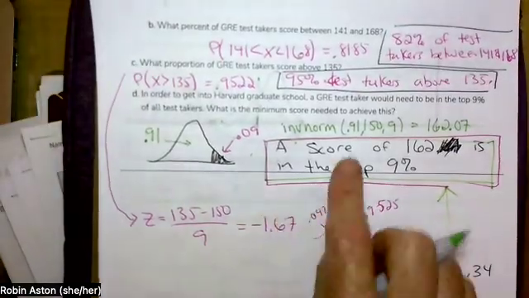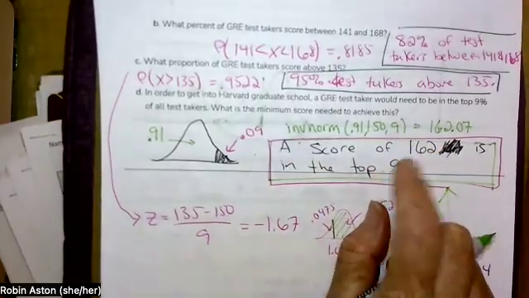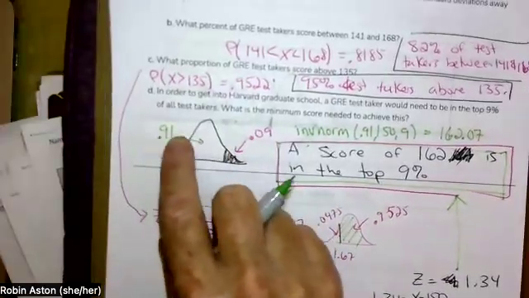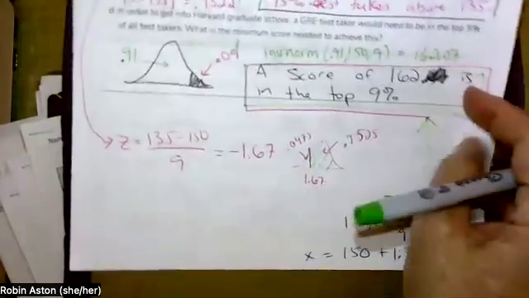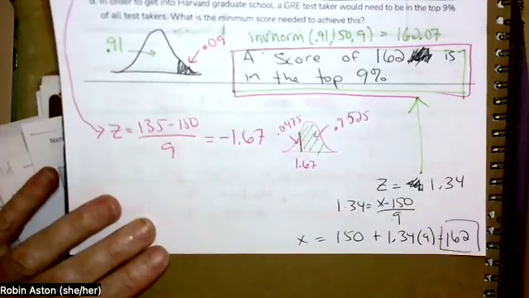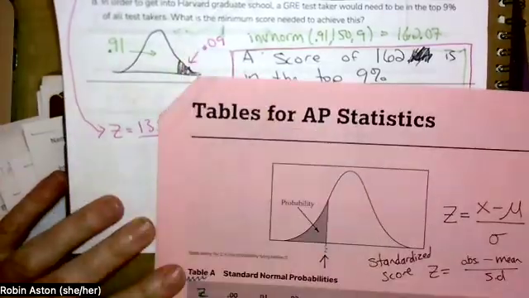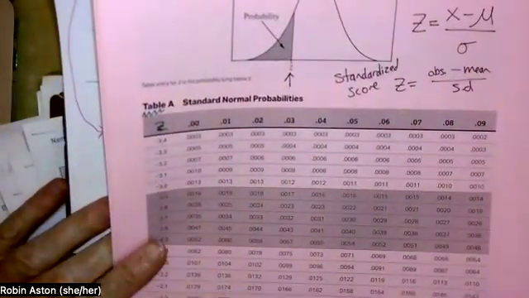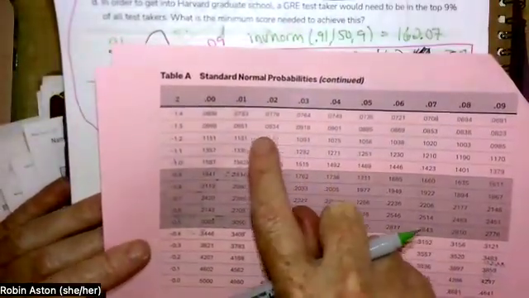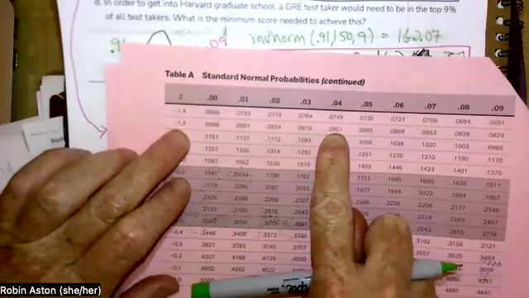Okay, to get this last one, I just use inverse norm, and I got a score of 162 to be in the top 9%. It's important to know that the top 9% matches the 91st percentile, so I put in 0.91. If you were using the z-score, you would go look up that z-score. And one trick is that if I went to the z-score table and was looking for 0.09, I start getting close right here, 0.091, and I get -1.34.